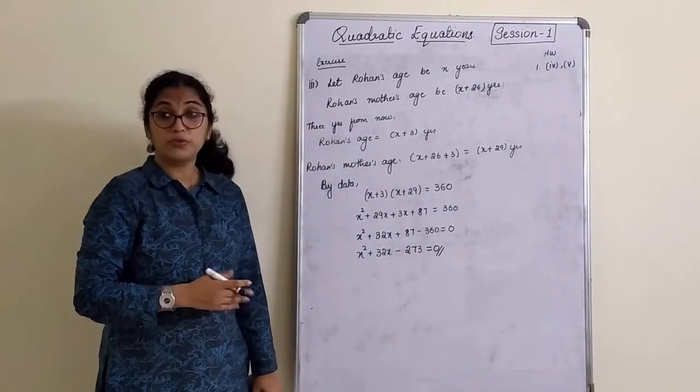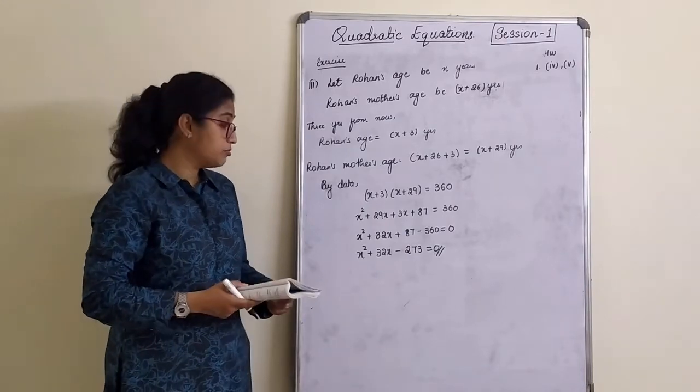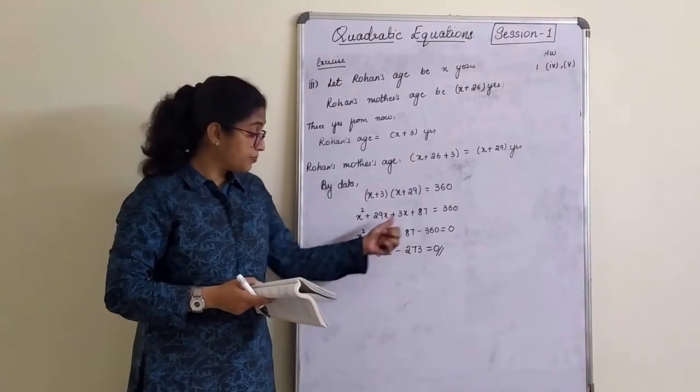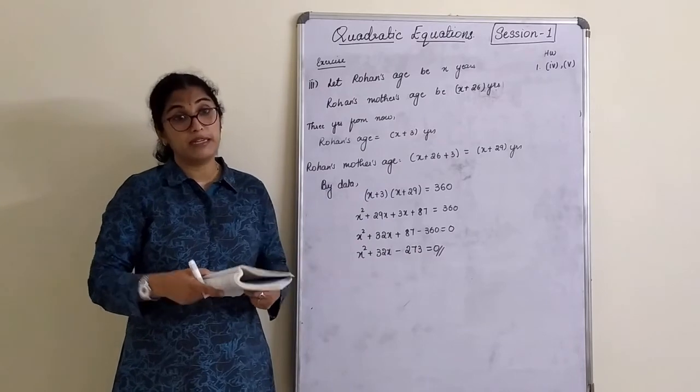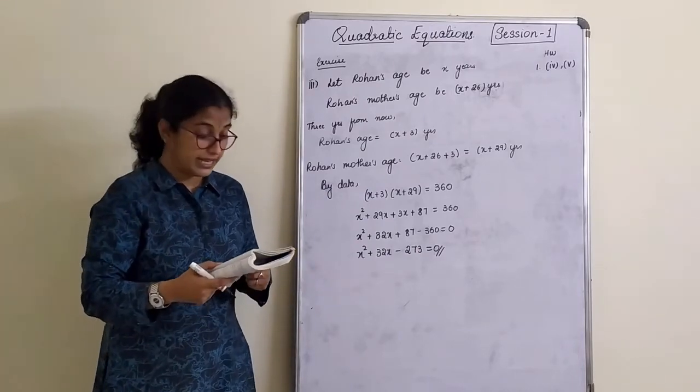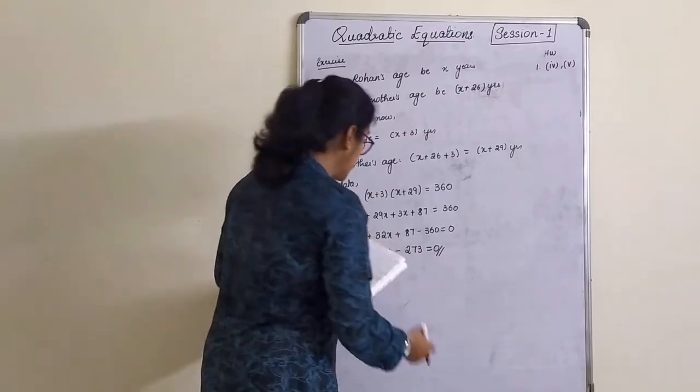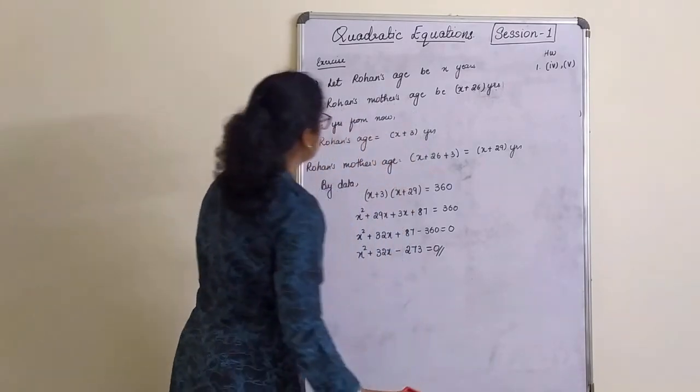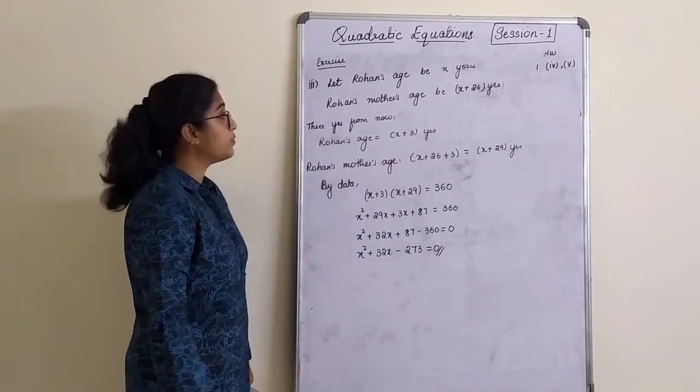So this is how you frame the equation. How to finally find it? That is by factorization, splitting middle term. We'll be doing that in our next exercise. x square plus 32x minus 273 is equal to 0 is the equation.